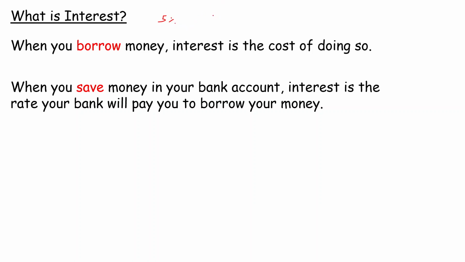So if you've got £1,000 in your bank account, you will get maybe 5% of that amount each year. So you'll make money for just having your money in a bank account. The bank pays you for having that money there. But obviously if you've got more money, like £100,000 in your bank account, you're getting 5% of 100,000, which is going to be a bigger amount.